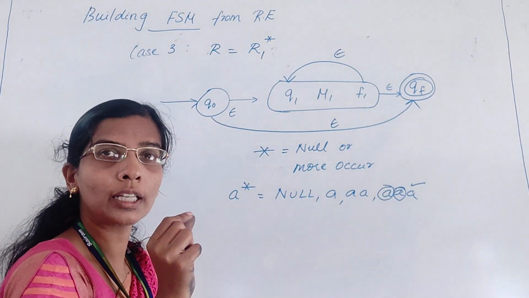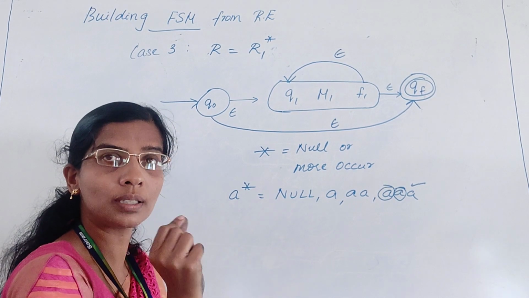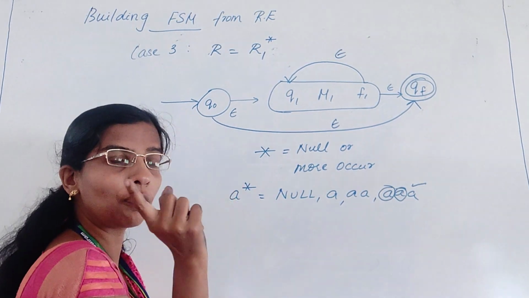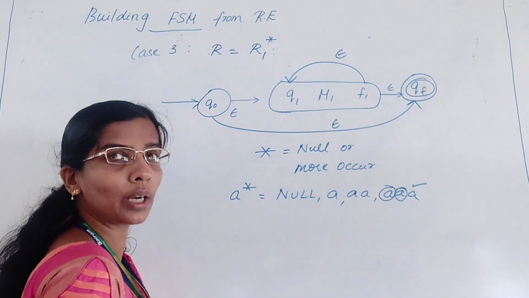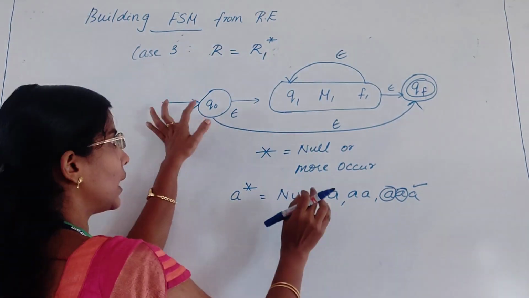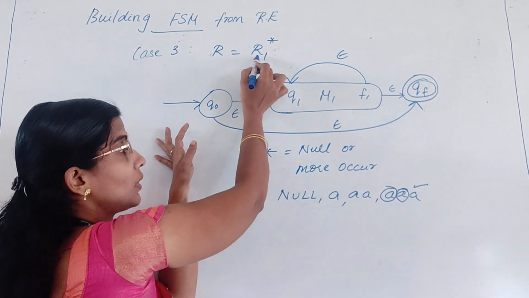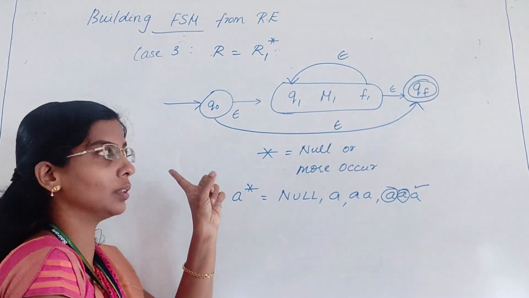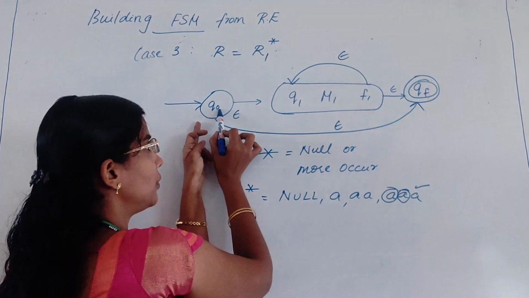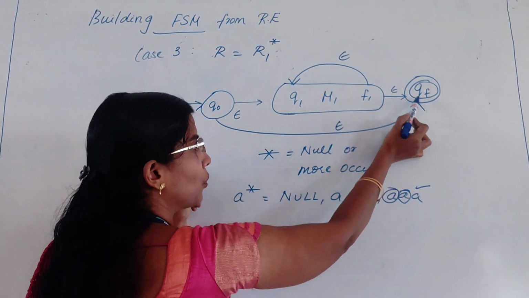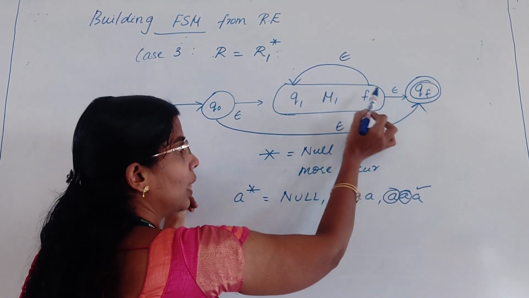So in your regular expression, if you see this star, how to write your FSM? This is how you are supposed to write your FSM. This start state is the start state of your complete machine. So after the start state you include an epsilon, before the final state you include an epsilon.